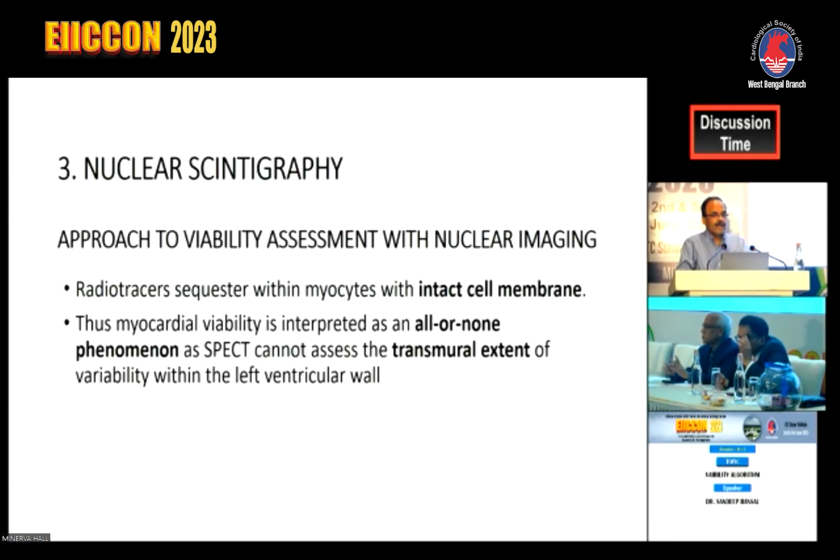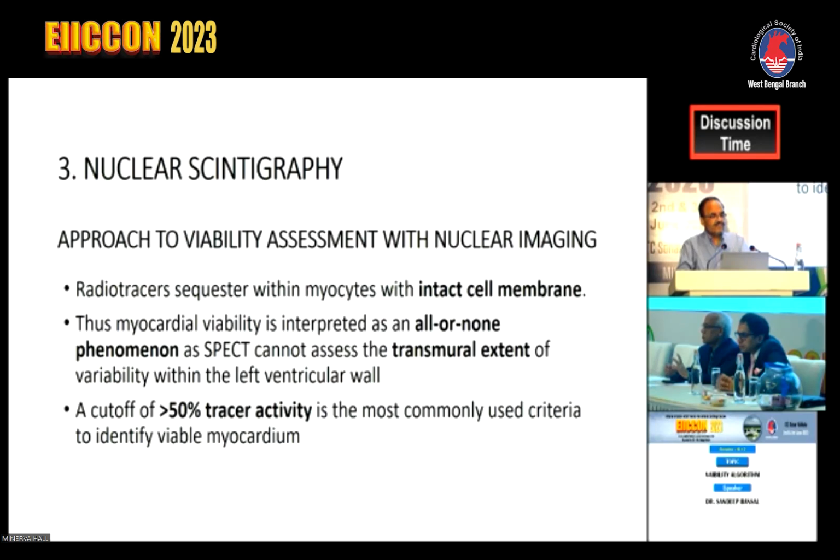Now, as far as nuclear scintigraphy is concerned, as I said, the radionuclides need to get into the cell. And for that, you need the integrity of the cell wall. Most people do not use the thallium scan any longer.